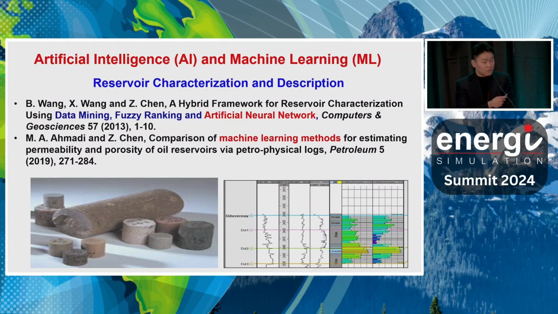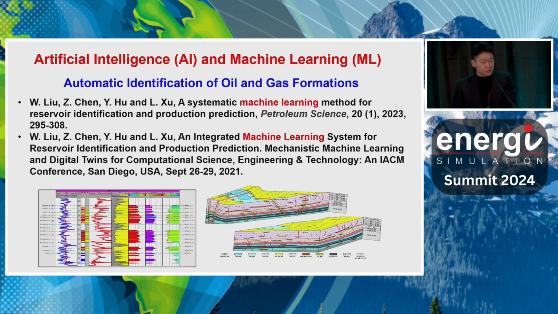One of our colleagues has used a hybrid framework for reservoir characterization using data mining, and also prediction of the permeability and porosity of oil reservoirs. Besides, we also used it to automatically identify oil and gas formations, which are shown in these two works.